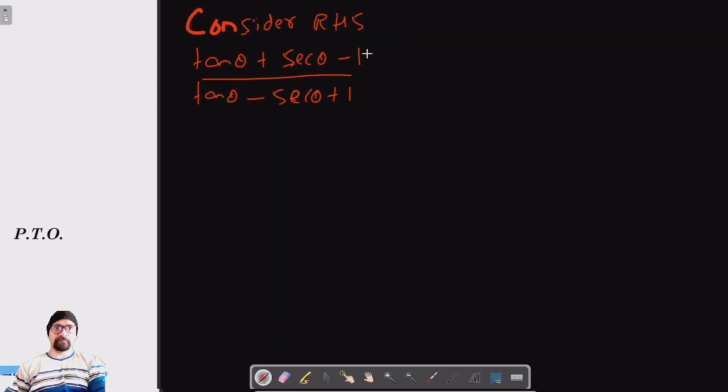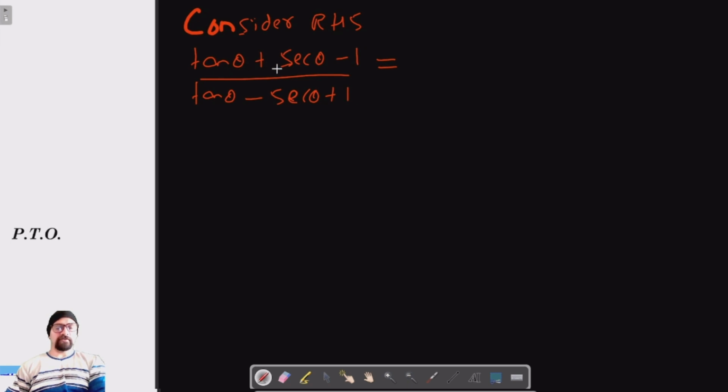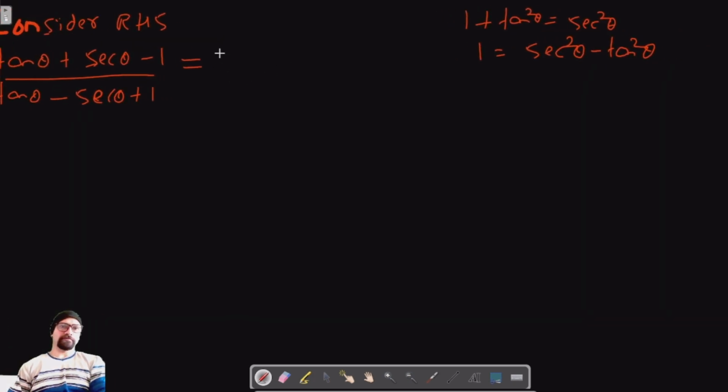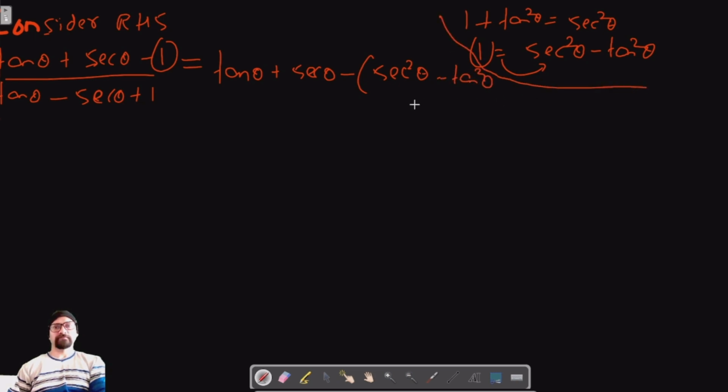Okay, and there is a relation, because this is in terms of tan and secant. We know that 1 plus tan squared theta is equal to secant squared theta, and that will give us 1 is equal to secant squared theta minus tan squared theta. So in the numerator, tan theta plus secant theta minus 1, instead of 1 we can put the value of 1, which is secant squared theta minus tan squared theta.